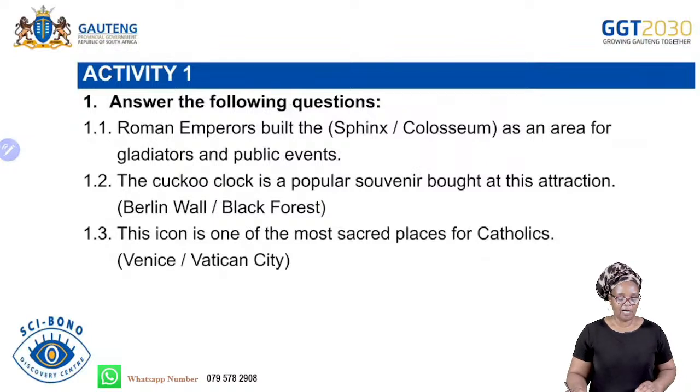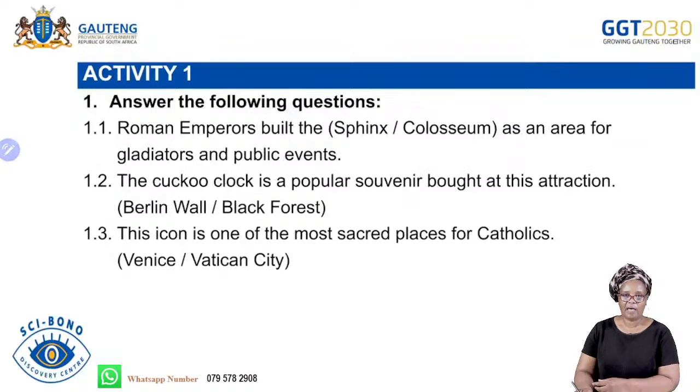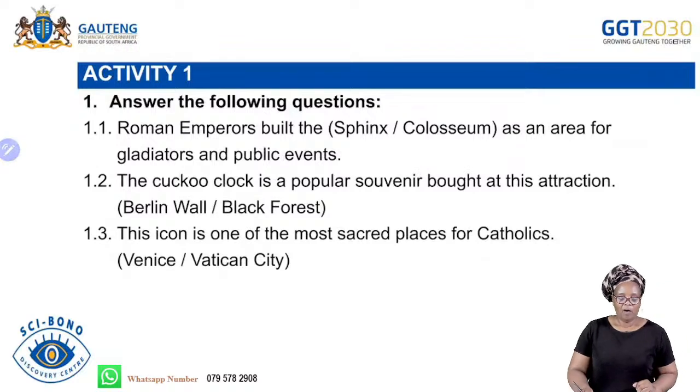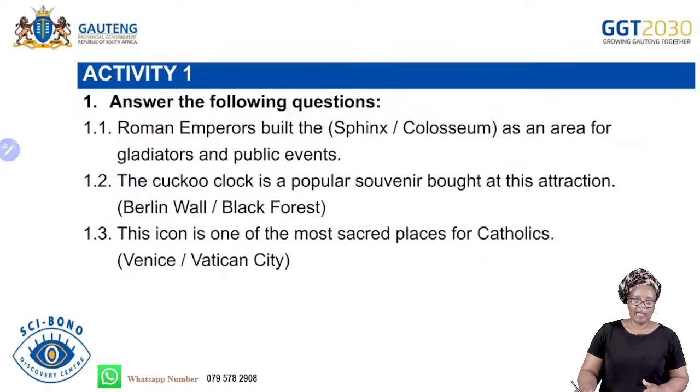1.1, it says the Roman emperors built their, number 1 is the Sphinx or the Colosseum as an area for gladiators and public events. Sorry, you have to choose one. Which was the attraction which was built by the Roman emperors as an area for gladiators and public events?